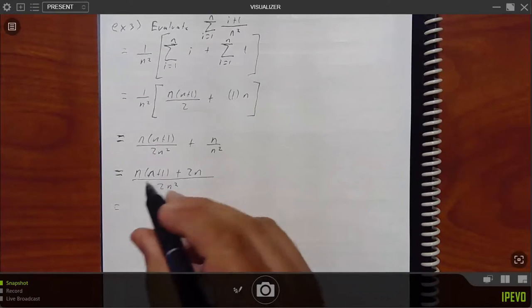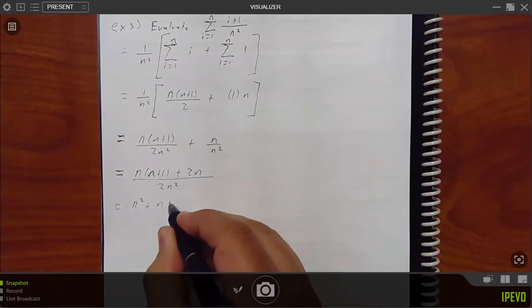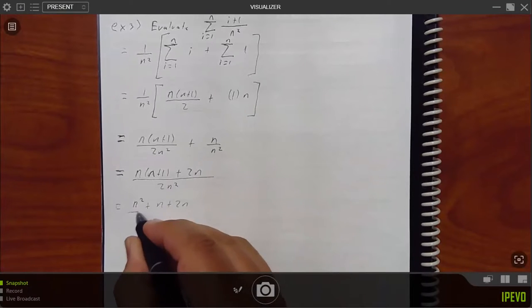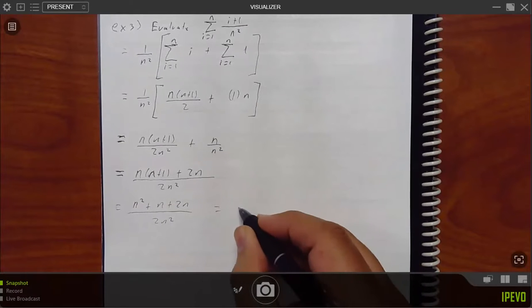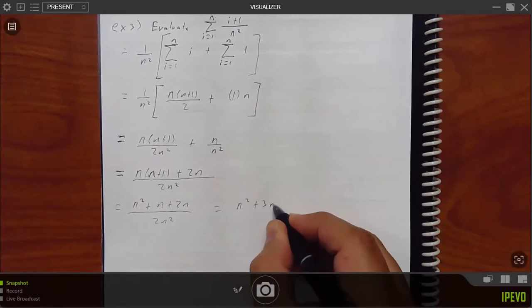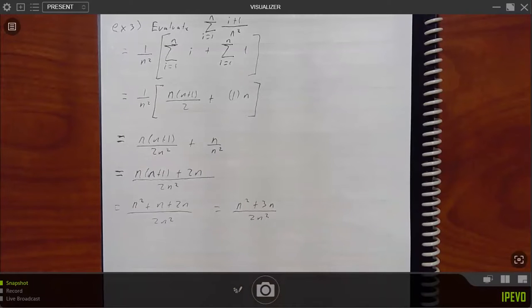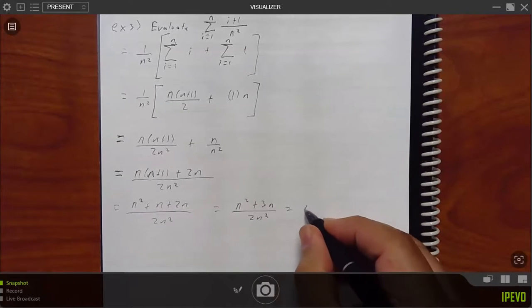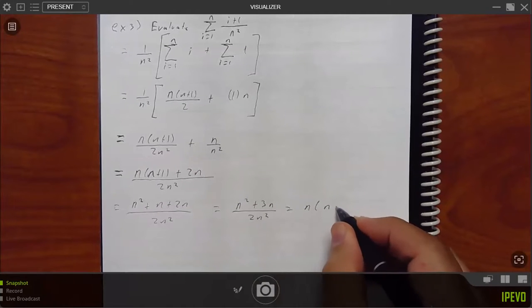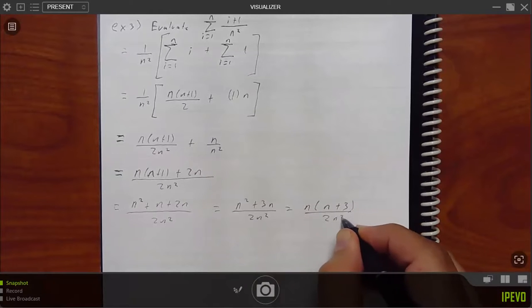Okay. Combine that stuff, that'll be n squared plus n plus 2n, which is really 3n, over 2n squared. So that'll give us n squared plus 3n over this, which reduces to n plus 3 over 2n squared.